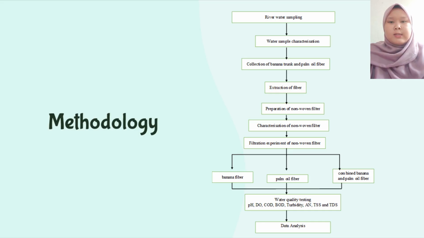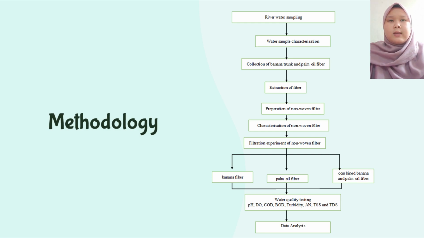In the methodology, I will discuss about the methodology and the material involved in synthesis of banana and palm oil fiber to be used as a non-woven water filter. So here, it shows about the flowchart of this study. From the flowchart, the first is the river water sampling.